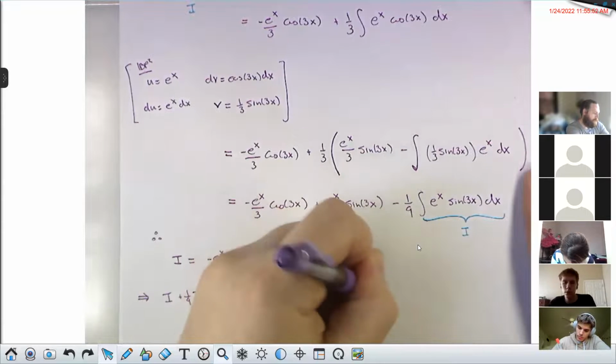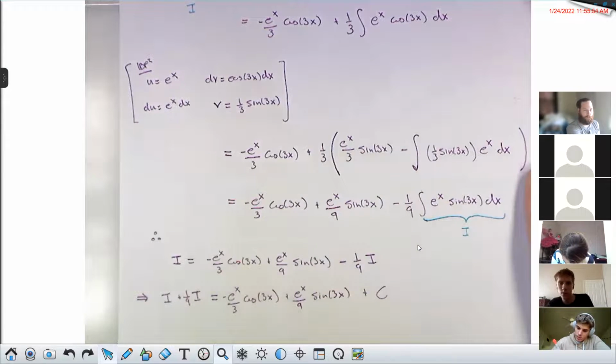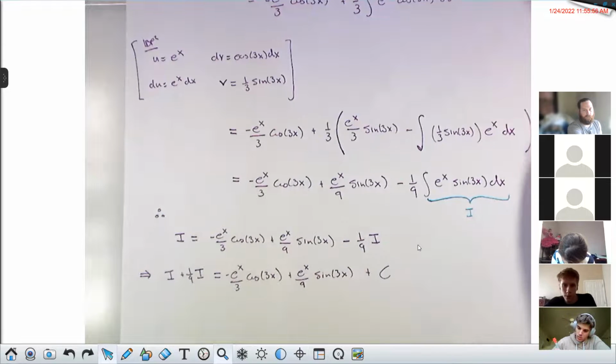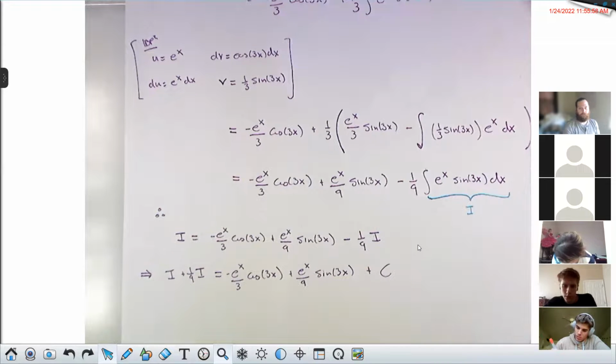And if we're being careful, this is the stage where we add the plus c. Now, 1 I plus 1/9 I, this is 9 over 9 plus 1 over 9 times I, that's 10/9 I.